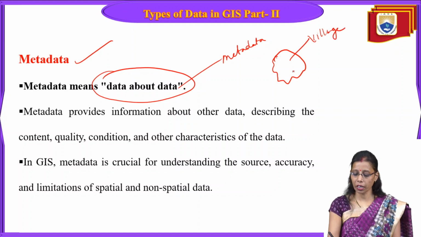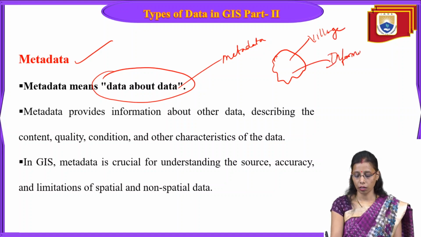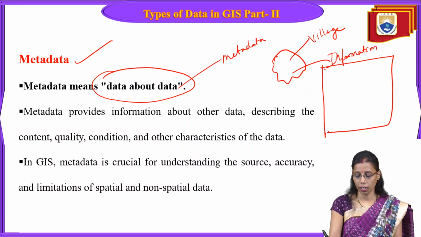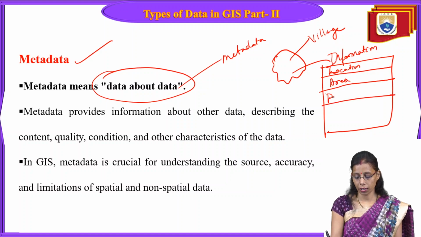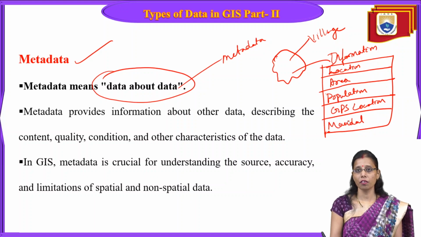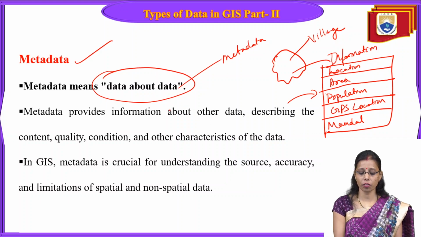So if we give the information about this village, what type of information can we say? Information like location and area, population, GPS location, or which mandal it is located in. So all this information about the data is called metadata.